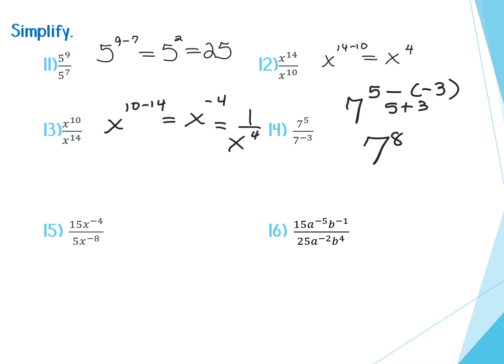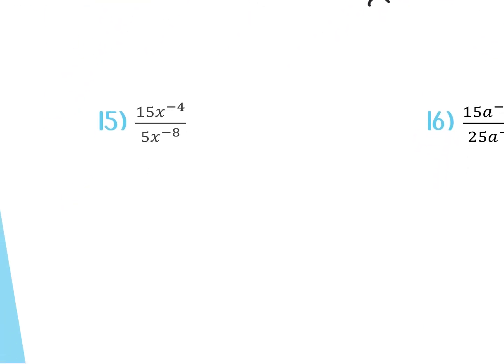For the next one, we've got some coefficients that we need to simplify. I'm going to simplify the 15 over 5. 15 divided by 5 is 3. And then now I'm going to take care of the exponents because the x's have the same base. So I'm going to be doing x to the negative 4 divided by x to the negative 8.